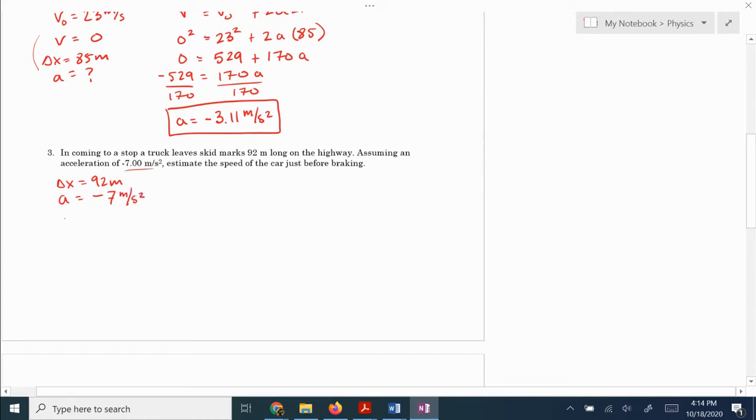If it's coming to a stop, that means the final velocity is 0, and we are looking for the initial velocity. So looking at that again, we have a final velocity and we have a distance. That really only happens if you're using the Ringo equation, so we're going to use the Ringo equation again.